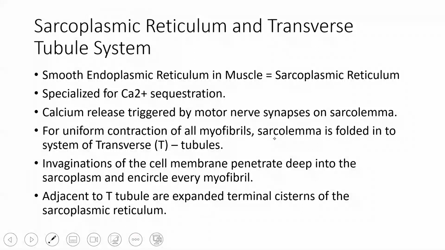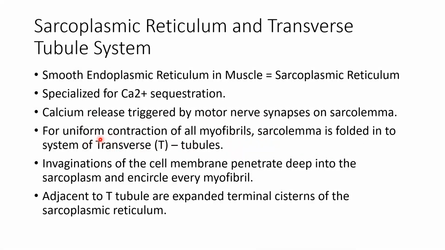Right? Yeah, so you have the sarcoplasmic reticulum, which is the endoplasmic reticulum of the muscle. And in this sarcoplasmic reticulum, you have a lot of calcium. Right? And this calcium is released by motor nerve impulses.